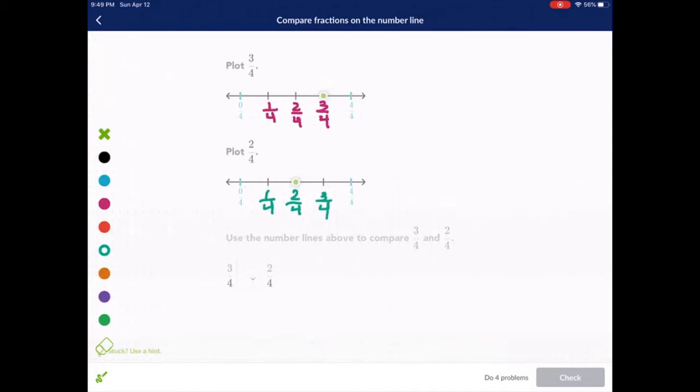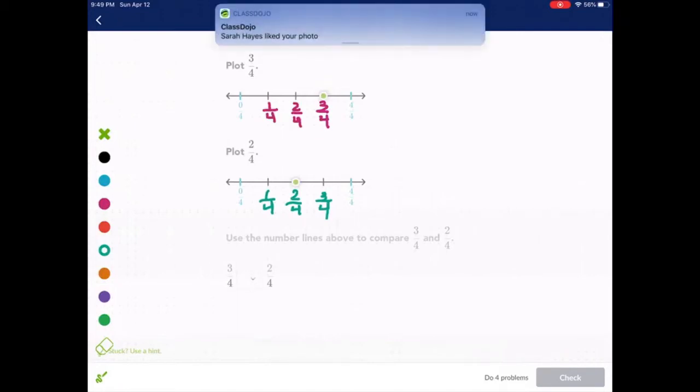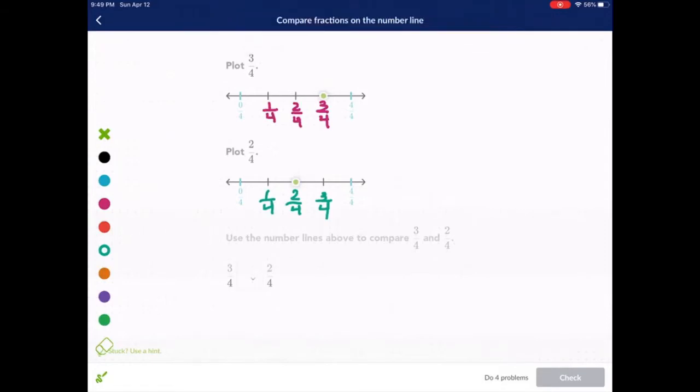So which one's bigger, 3/4 or 2/4? Well, for me, just looking at it, 3/4 is farther down the line, so I'm pretty sure that 3/4 is greater than 2/4. And remember, greater than is the mouth is open, like this.